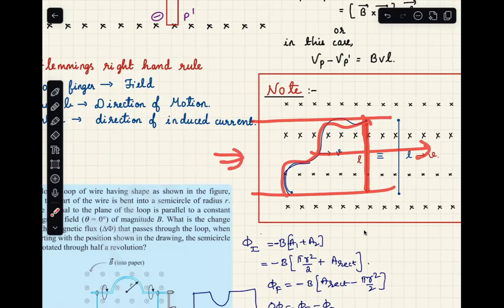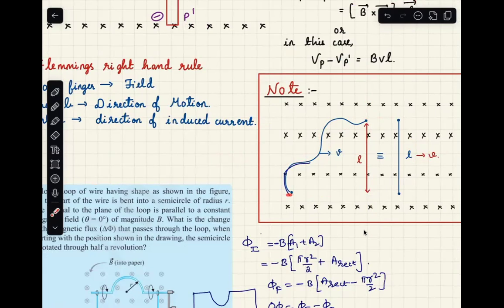Imagine a line like this and project. Straight line of length L. Simply apply B V L. This is negative, this is positive. Any doubts? Boys and girls? Clear? Right.